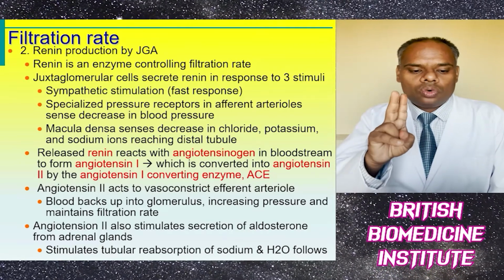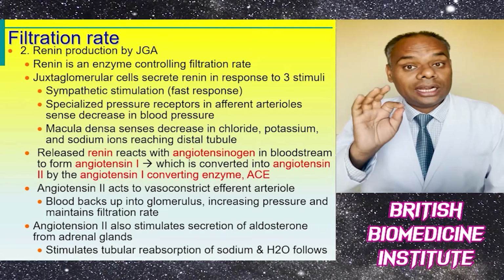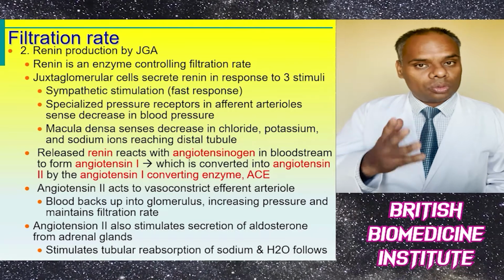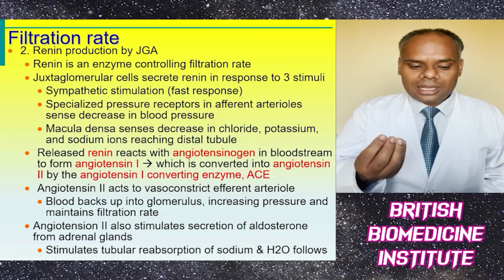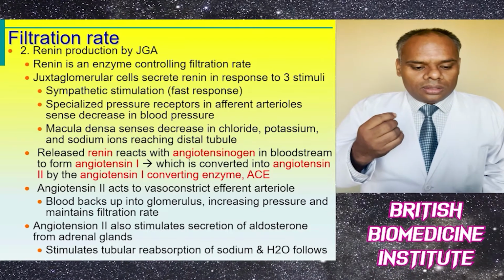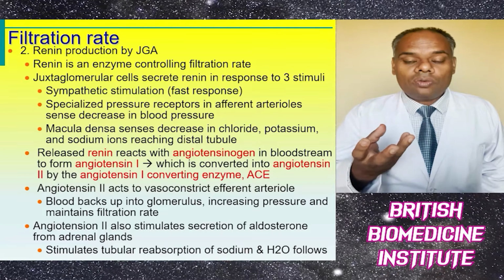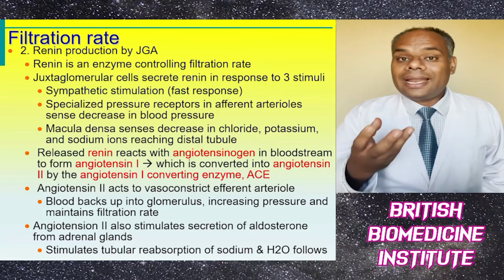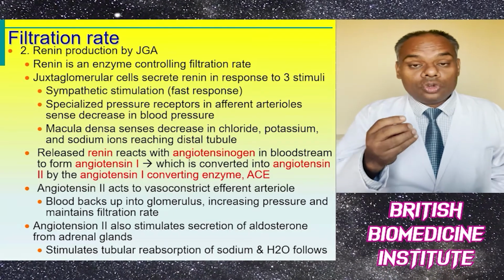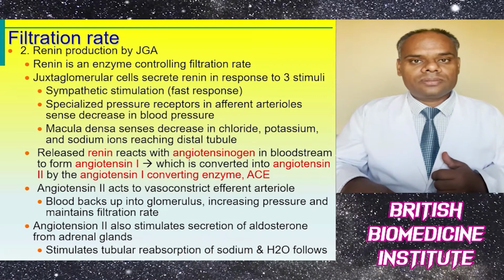Angiotensin II acts to vasoconstrict efferent arterioles, where blood backs up in the glomerulus, increasing pressure and maintaining filtration rate. Angiotensin II also stimulates secretion of aldosterone from the adrenal glands. This helps stimulate tubular reabsorption of sodium, and water follows.